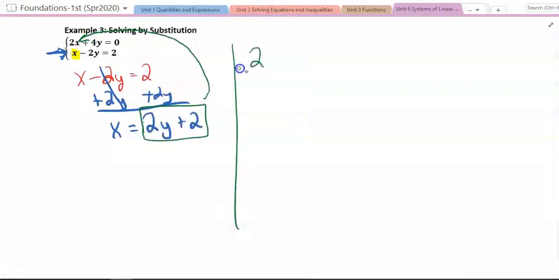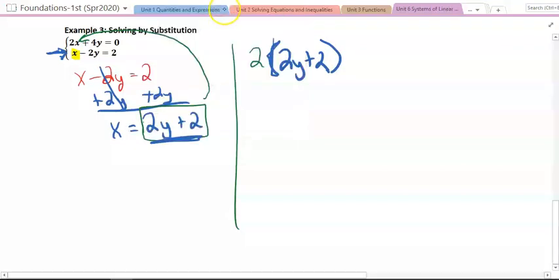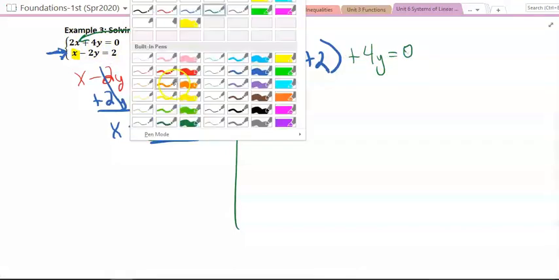And then I'm going to take all of this and put it inside a parenthesis. And so I'm going to get 2y plus 2 right there. And then I'm going to copy the rest of that first line, plus the 4y equals 0. Okay? Let's see what happens next.